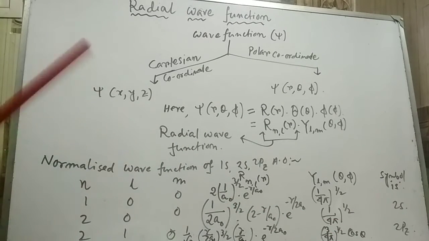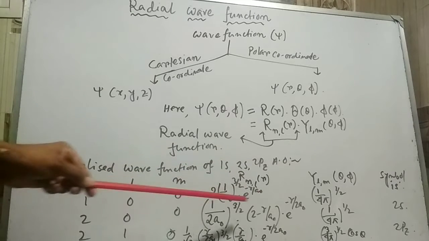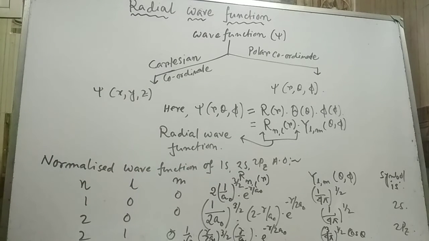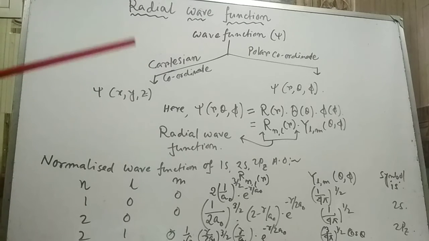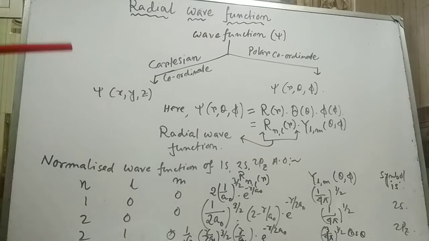Today I will mainly discuss the radial wave function. Now I will discuss how the curve is obtained for the 1s, 2s and 2pz atomic orbitals.